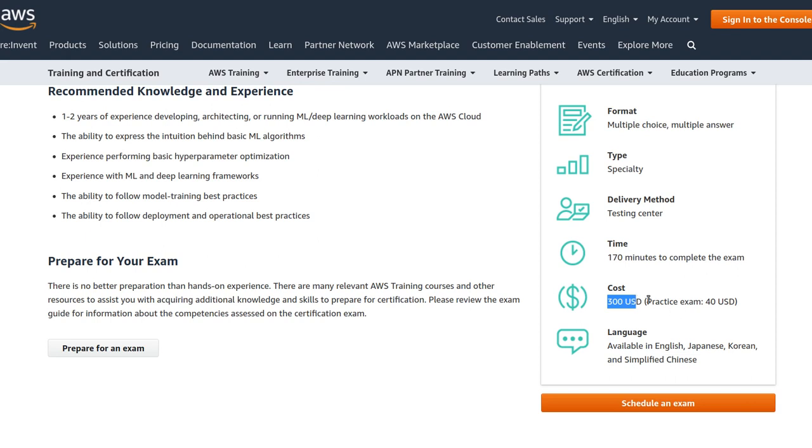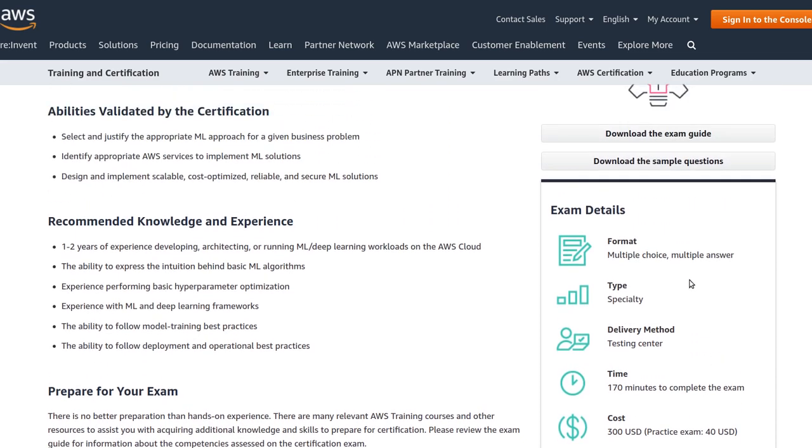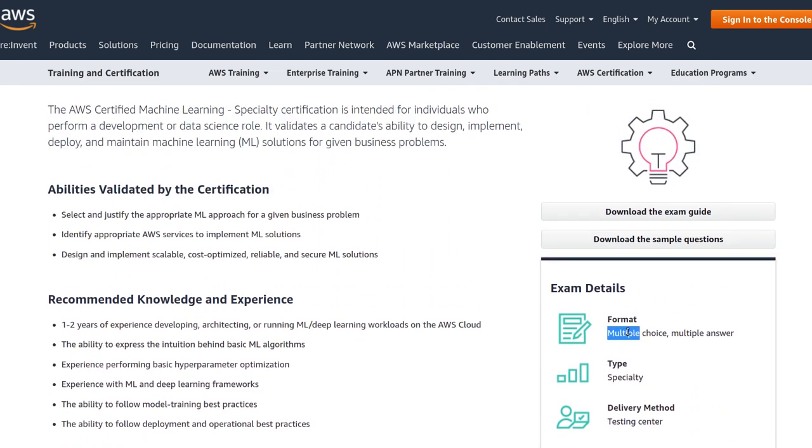And then there is an official practice exam that you can take for 40 bucks. And the exam is available in English, Japanese, Korean, and simplified Chinese. The format is multiple choice and there are questions with multiple answers, but the number of questions with multiple choice are a lot more than the ones with multiple answers.